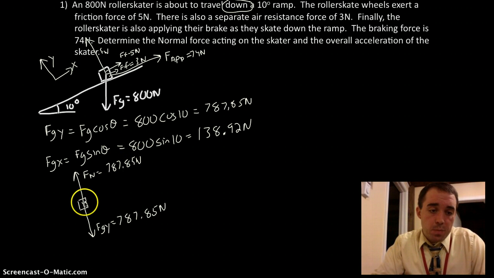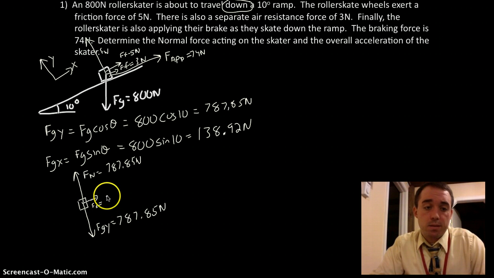And I'm going to combine the two friction forces just for ease, because they're the same: 5 newtons and 3 newtons to be 8 newtons. Plus I also have my applied force from the brakes of 74 newtons. When they're the same type of force, you can easily combine them. That's not a problem at all.